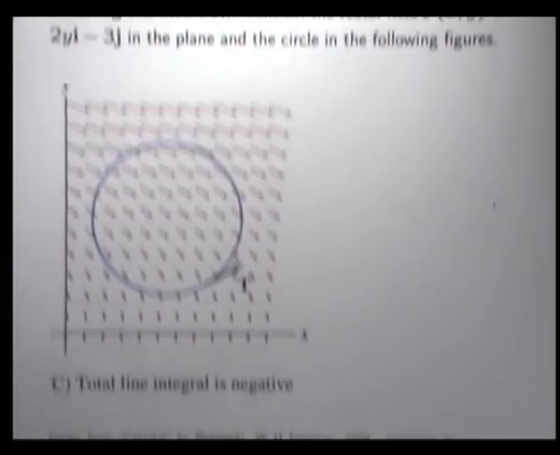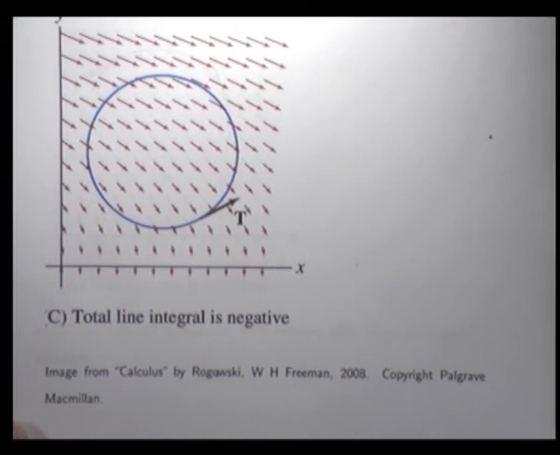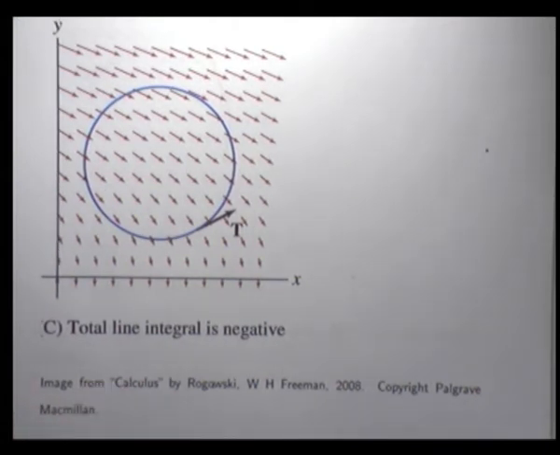Now I've claimed here that the total line integral is negative. Why is that? Well, we're going to find out in a minute why that is actually true.